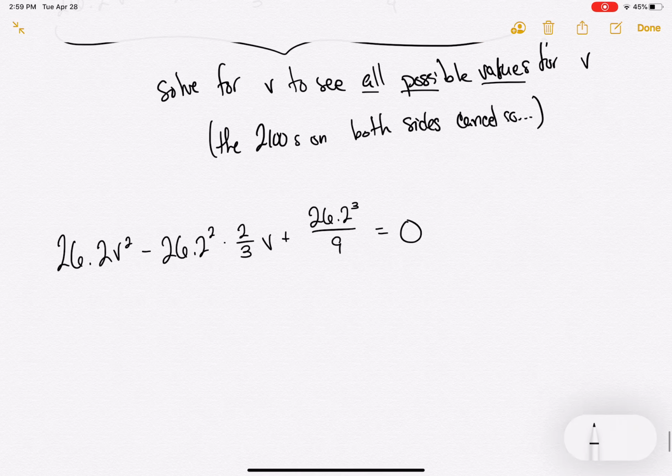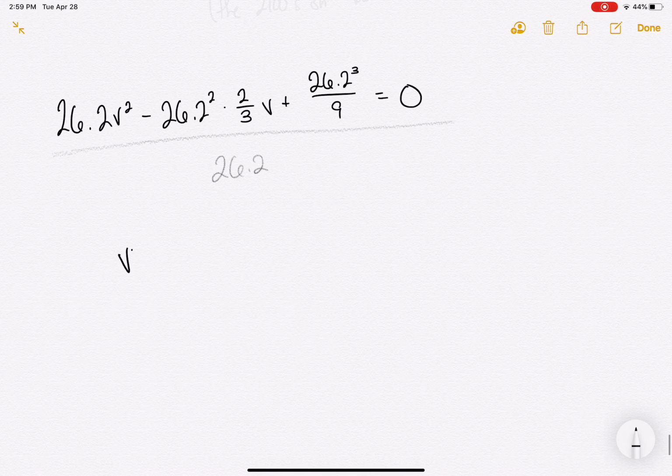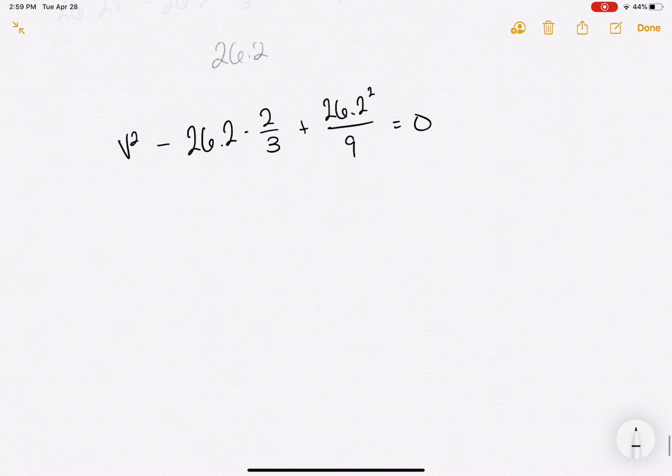And I can divide everything by 26.2 and make this a little easier. That's going to give me V squared minus 26.2 times 2/3 V plus 26.2 squared over 9 equals 0. Now I can just use the quadratic formula.